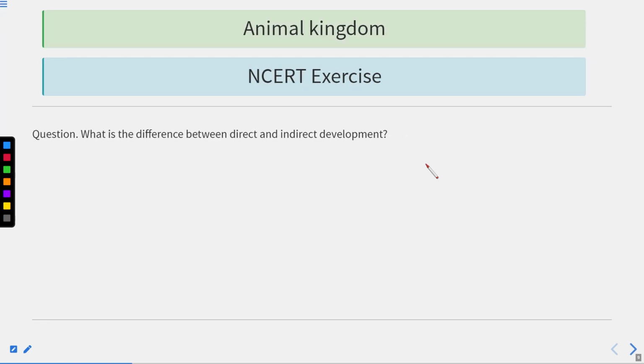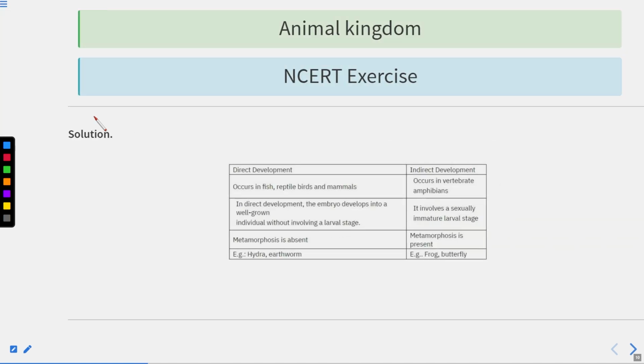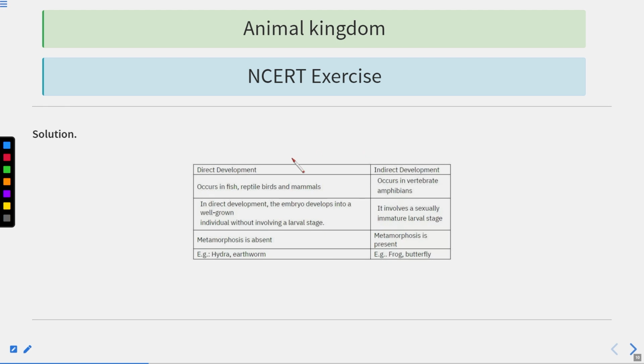Okay, what is the difference between direct and indirect development? The next question is the difference between the direct and indirect types of development. So let us see what the difference is between these two. Direct development occurs in fish, reptiles, birds, and mammals. It means the embryo gives rise to a new individual that looks somewhat like the adult, right?